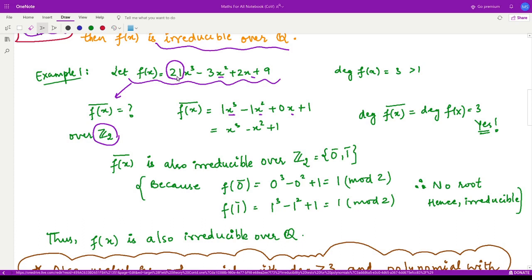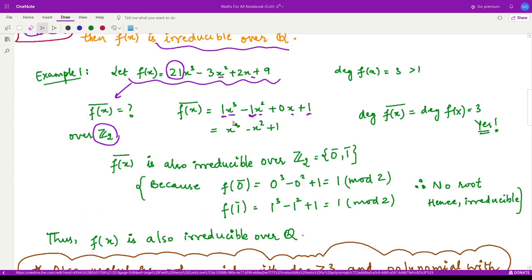So 21 mod 2 would be, when you divide 21 by 2, the remainder would be 1. So here it is 1. Next, minus 3 mod 2, so it would be minus 1, right? Again, 2 mod 2, that would be 0. And 9 mod 2, that would be 1. So this is the reduced polynomial.